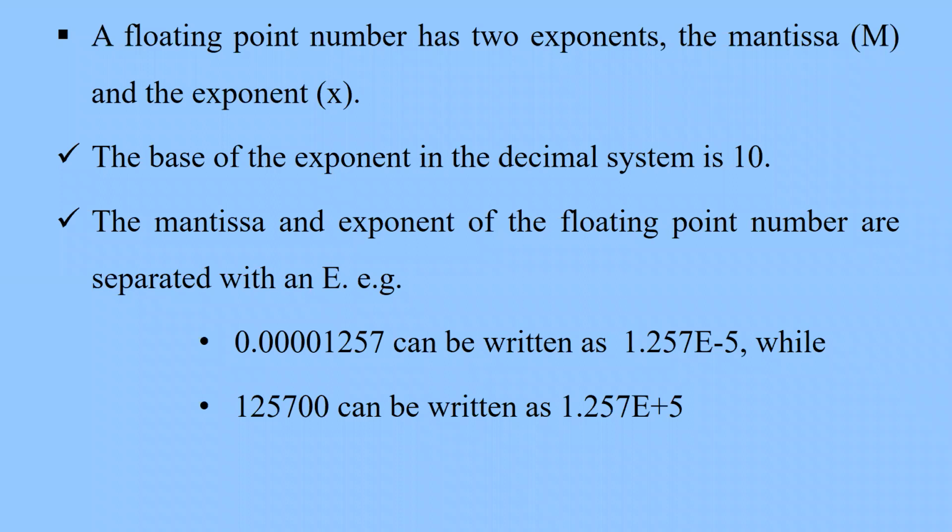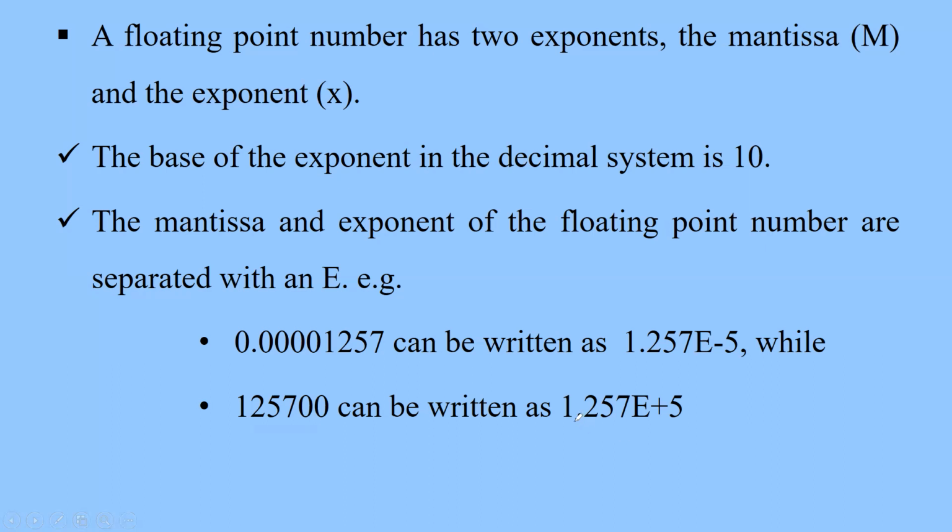Good. If you have 125,700 and you want to make use of the exponent, you want to make use of E, then if you place your decimal point here, you raise your value to 10 to power something. You count the number of figures. If you place your decimal point here, then it will be 1, 2, 3, 4, 5.